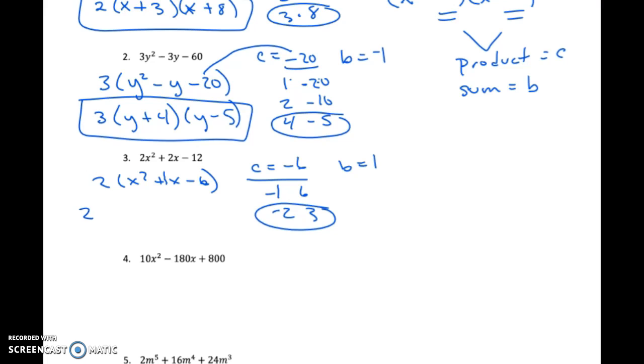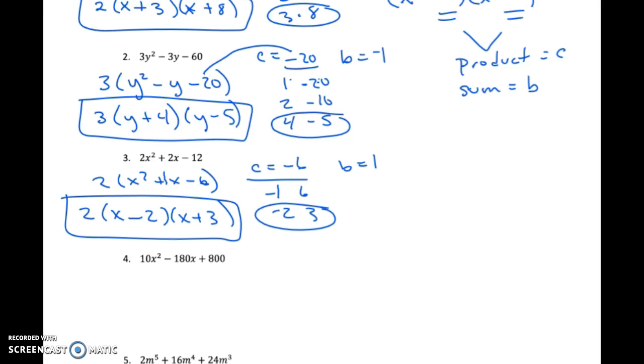I find my pair. So the negative 2 gives me an x minus 2, and the positive 3 gives me an x plus 3. Remember again, the order doesn't matter. I could have put the x plus 3 in front and the x minus 2 behind. It would not matter because it's all multiplication.